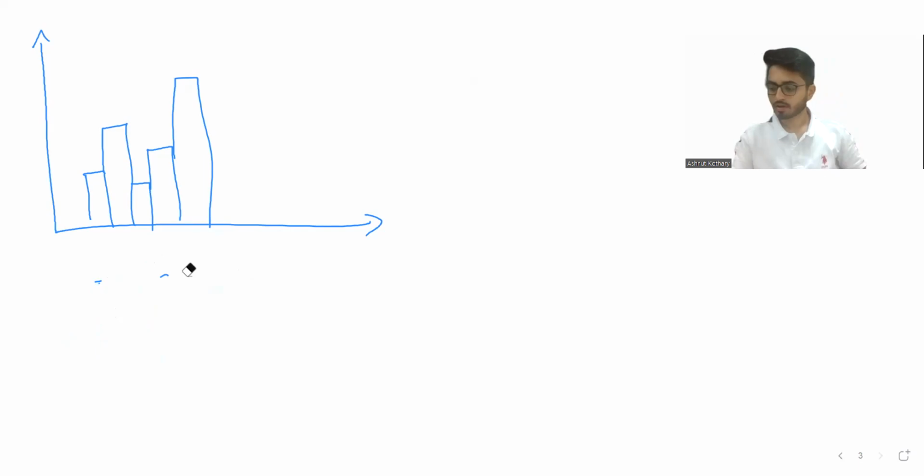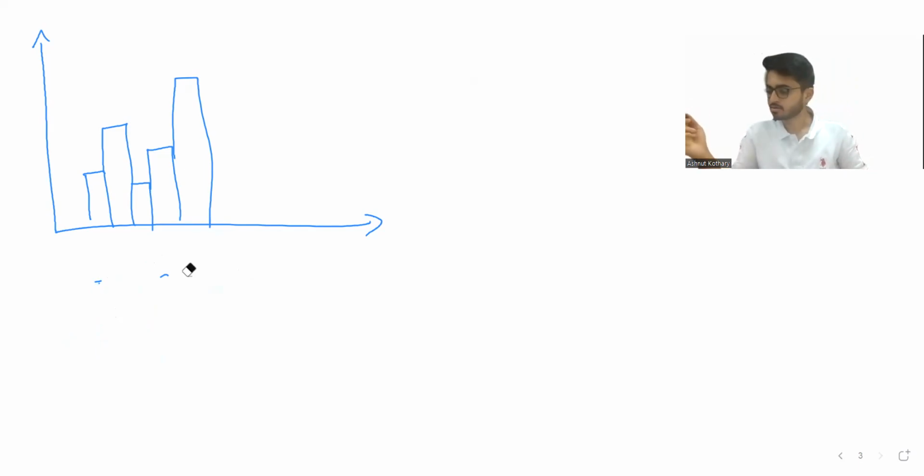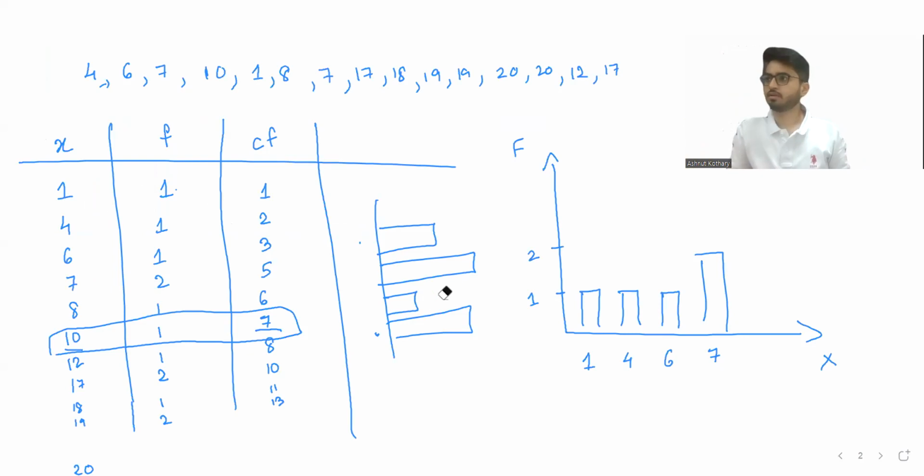Repeat the horizontal bar graph. Which one? Histograms are usually represented with vertical rectangles. Is this the one you're looking for, Garima? Horizontal, this one.